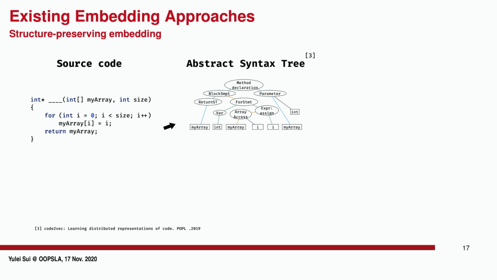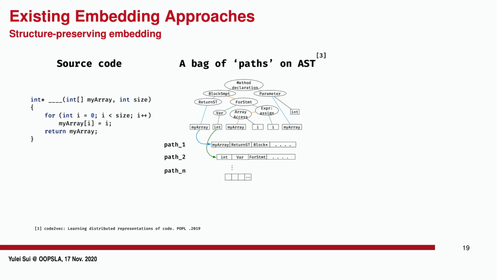In order to preserve richer code semantic, recent approaches extract structured information based on abstract syntax trees or flow graphs of a program. A typical work is code2vec, which represents code semantic using a bag of paths on the AST of a program. The path here is an analogy to a sentence in word embedding.